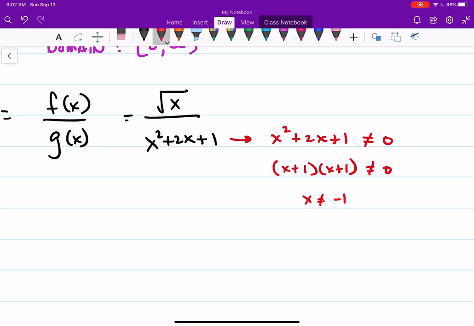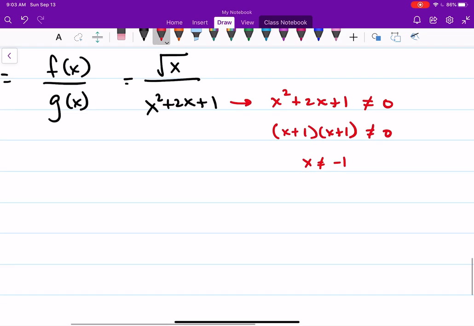So that is my restriction, which will help me with my domain. It can't be negative 1, but can be anything else. So my domain here, just for the red, is going to be negative infinity to negative 1, not including negative 1, union with negative 1 to positive infinity, not including negative 1, okay?